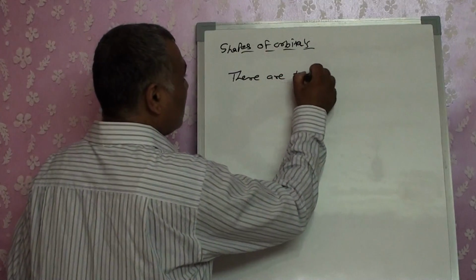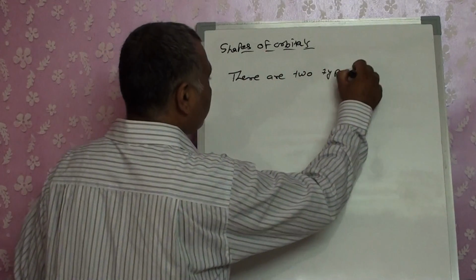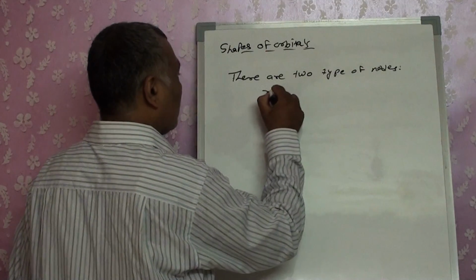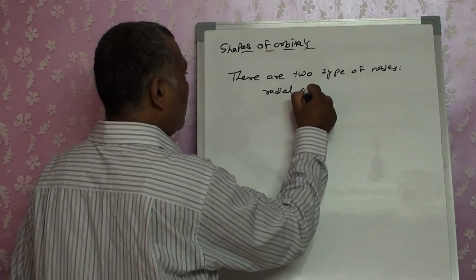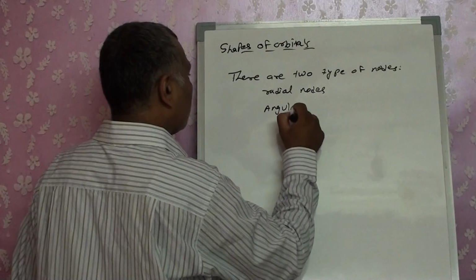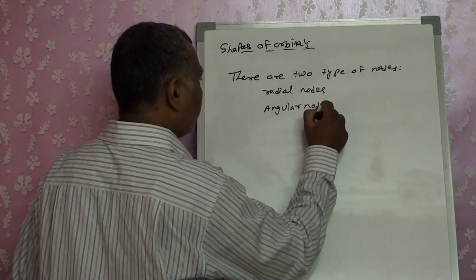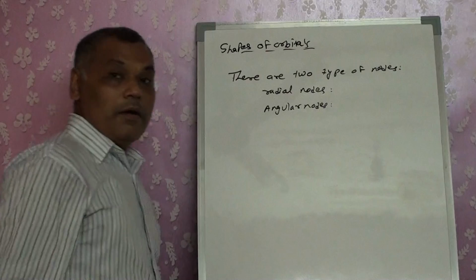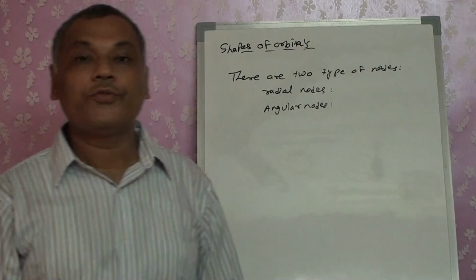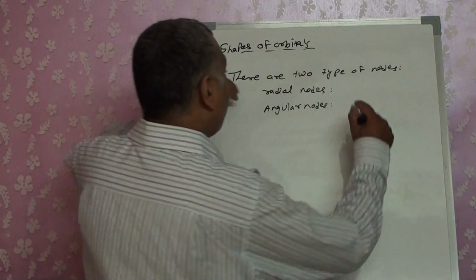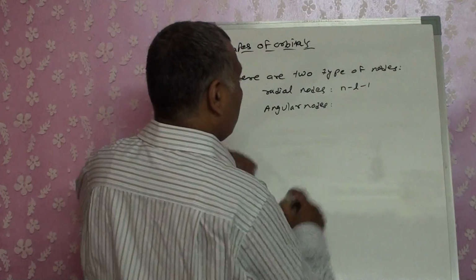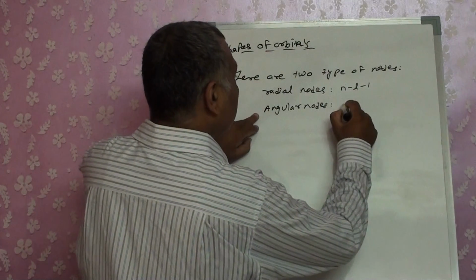There are two types of nodes: radial nodes and angular nodes. Now, when we want to calculate the radial nodes or angular nodes for any given orbital, we have a formula. Radial nodes are n minus l minus 1, while angular nodes are given as l.